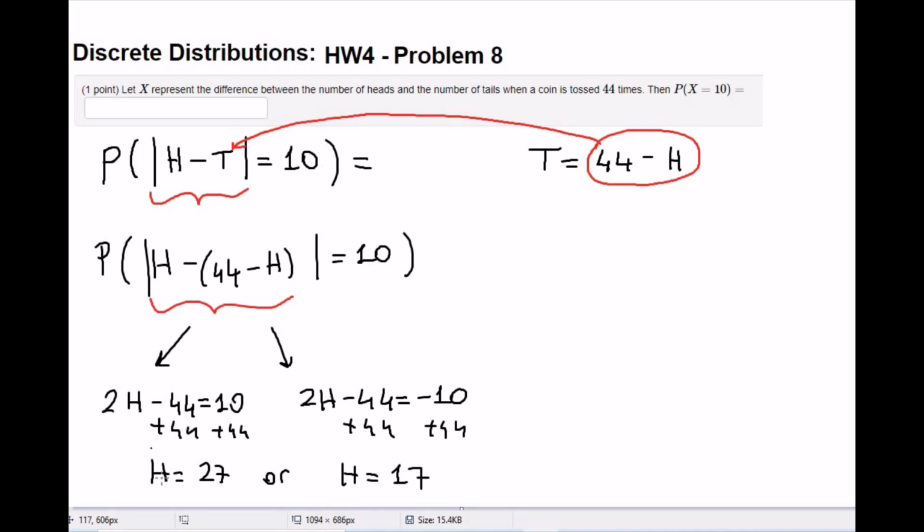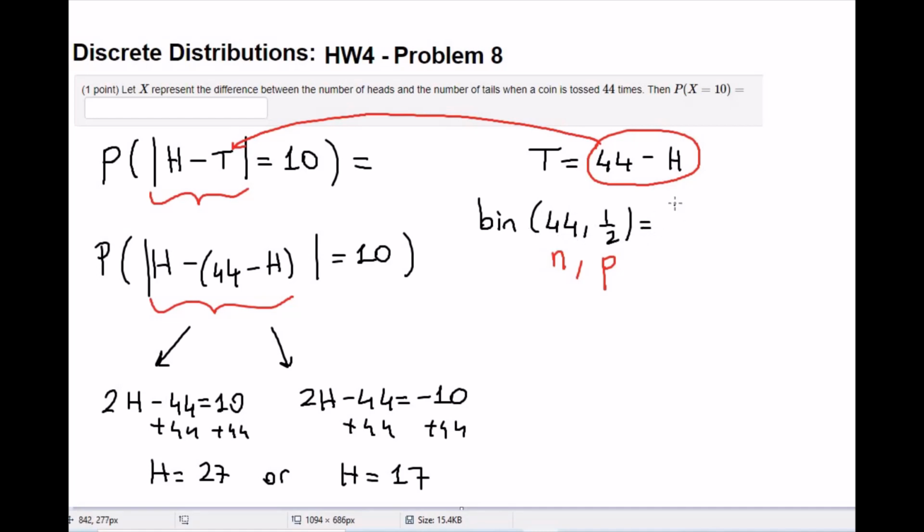So if we compute the number of h 27 and number of h 17, we get the probability of head minus tail is equal to 10. And this is the binomial distribution with the parameters 44, 1/2. Here 44 is the number of trials n, and 1/2 is the probability of success. Either head or tails has the probability of 1/2.